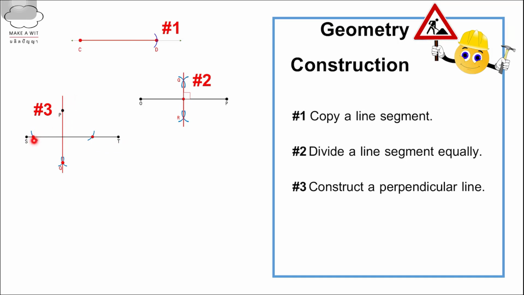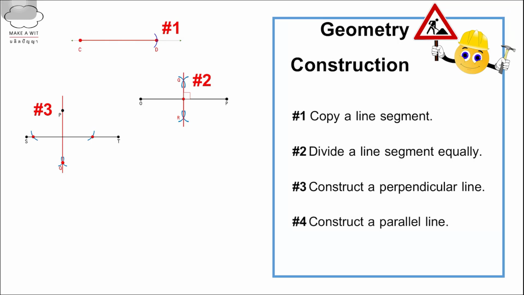Make sure that it cuts line segment ST on one side and then cuts the other side too. And then from those two intersecting points, you will create a new intersecting point down here that will line up perfectly with point P, and then it will create a 90 degree angle, or perpendicular line.